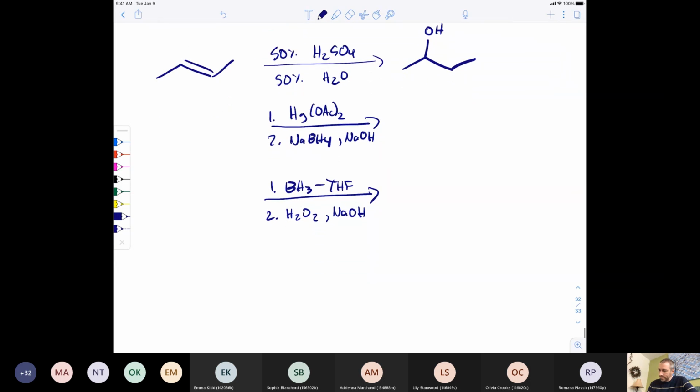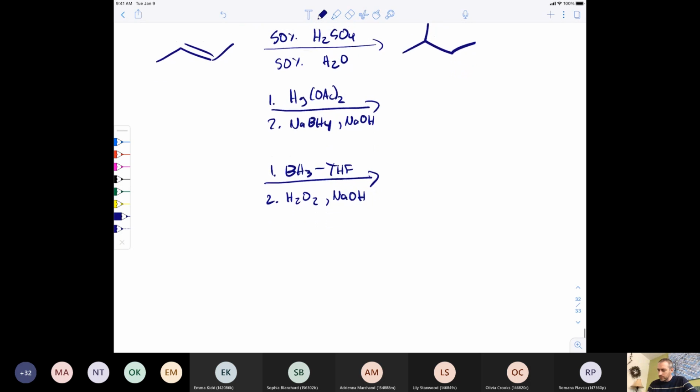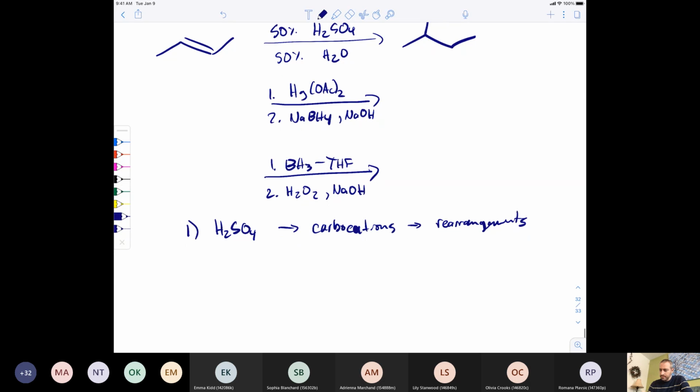So with hydroboration oxidation, they all 3 would have different circumstances when you'd want to use them. The first one, which is sulfuric acid, the acid catalyzed hydration, this makes carbocations. So with carbocations, you get rearrangements sometimes, which is generally a negative thing.